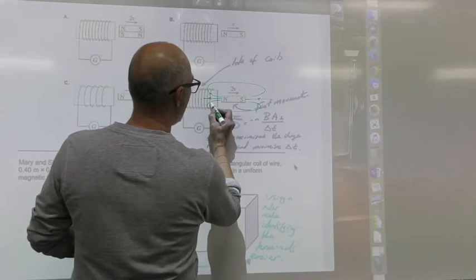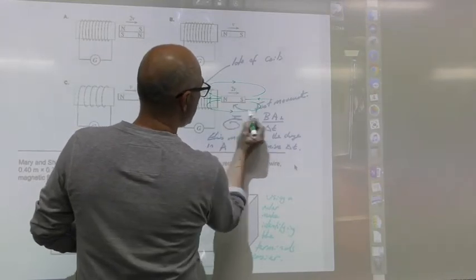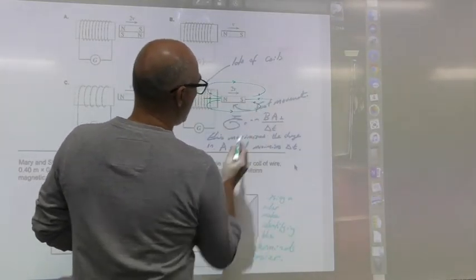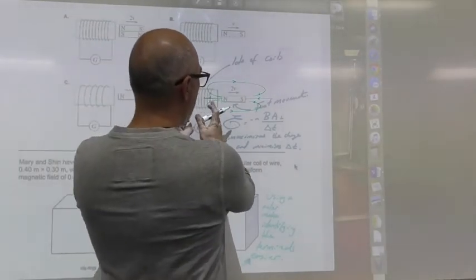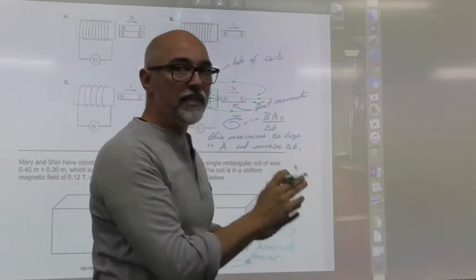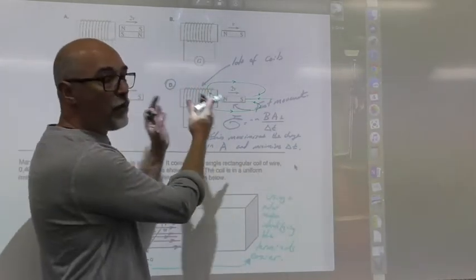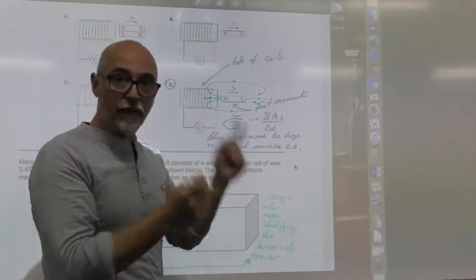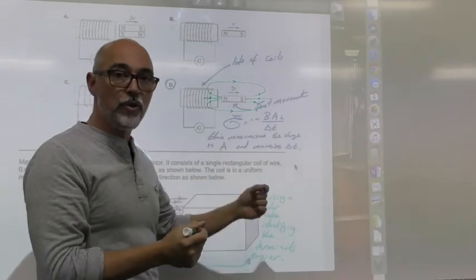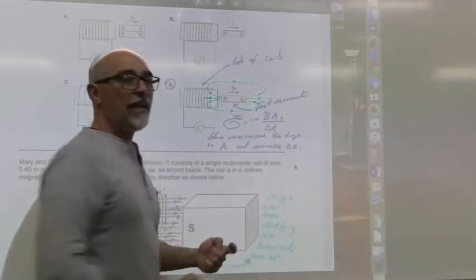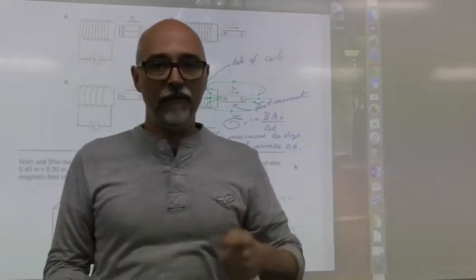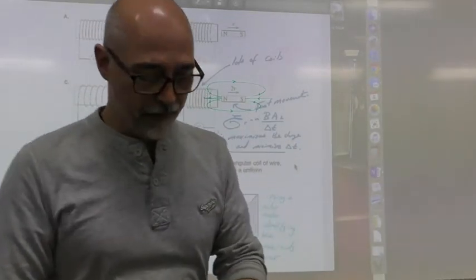So this solenoid, while the magnet is close to it, is full of a field that is moving to the left. When the magnet is taken away, it is emptying of a field moving to the left.